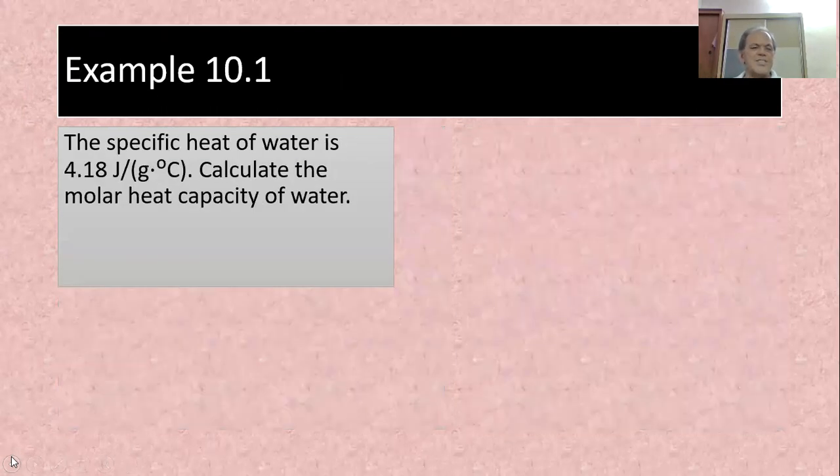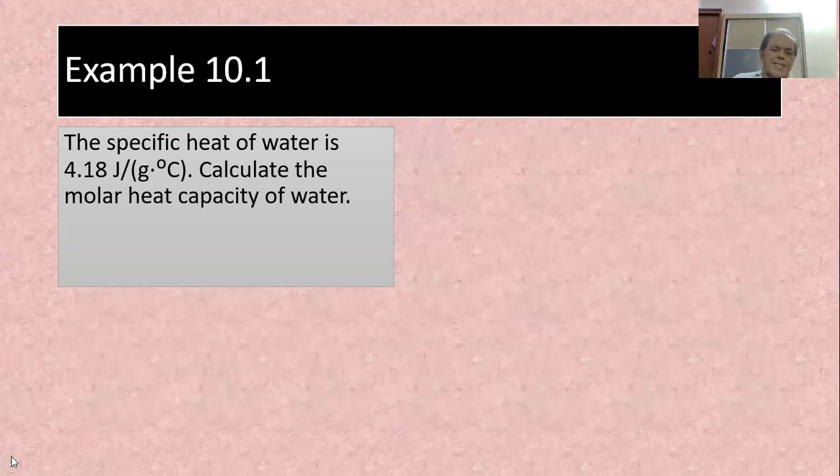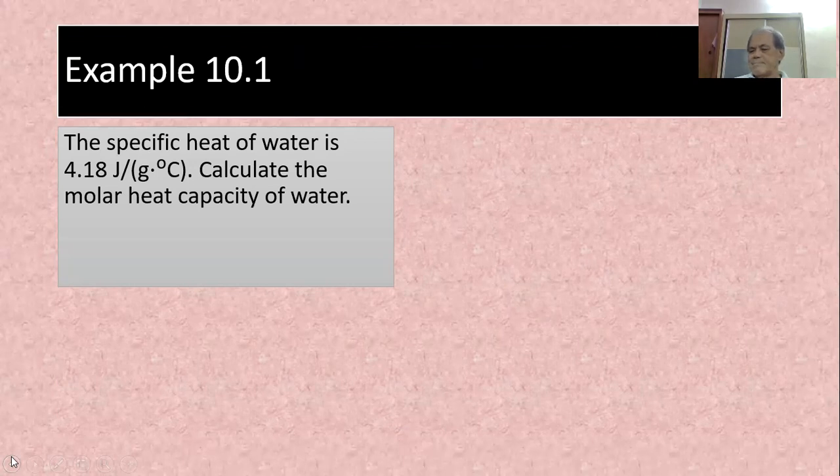So you can try this question. The specific heat capacity of water is 4.18 joule per gram per degree Celsius. Calculate the molar heat capacity of water.